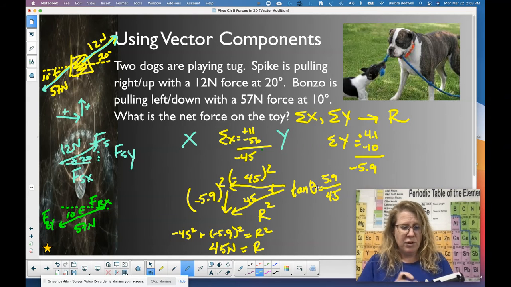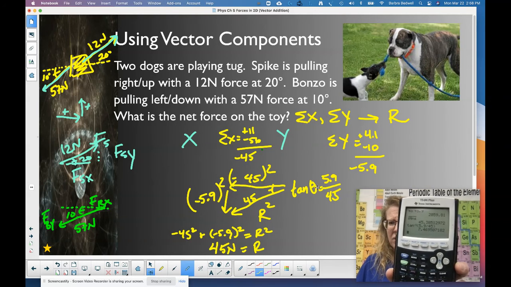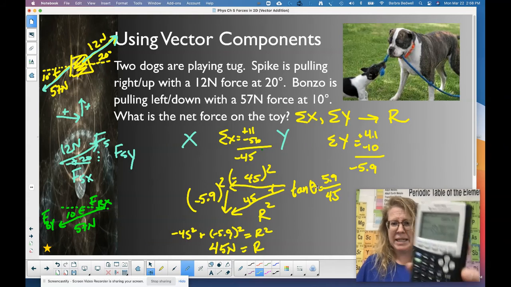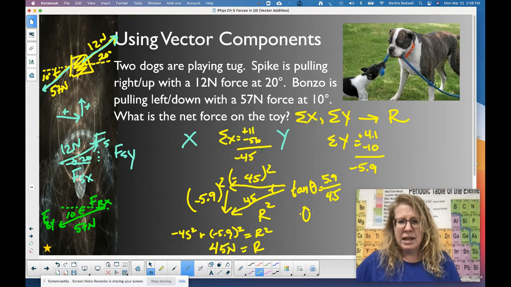So if I do the inverse tangent of 5.9 divided by 45, it's going to be a small value, not quite in the 10 range. And I get a value of 7.465. So theta is equal to 7.5, basically 7.465 degrees.